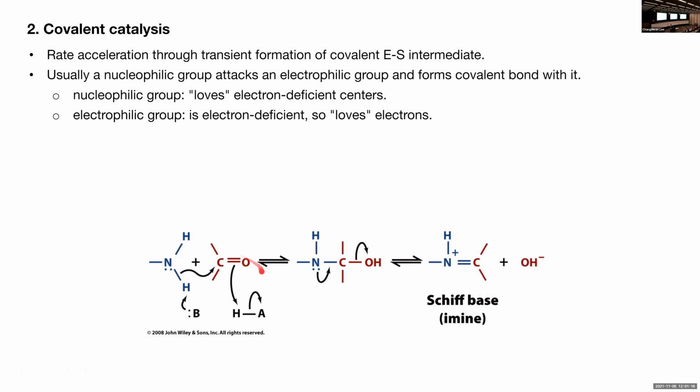And this is an example of that covalent catalysis reaction, where the amino group is reacting with the ketone or the aldehyde to form, again, a single bond between the carbon and nitrogen atom.